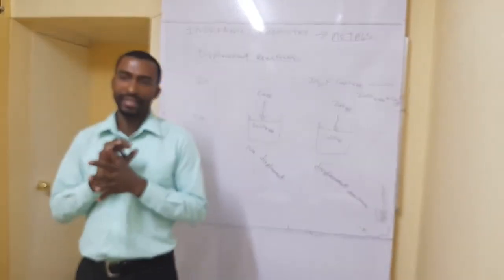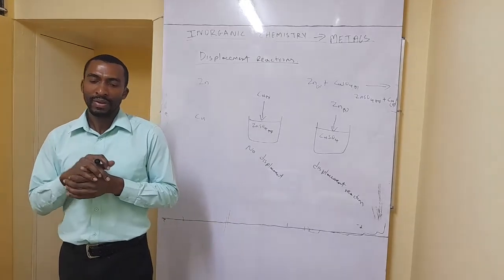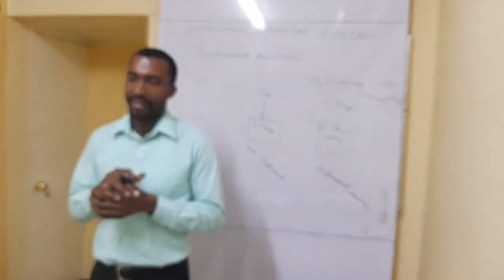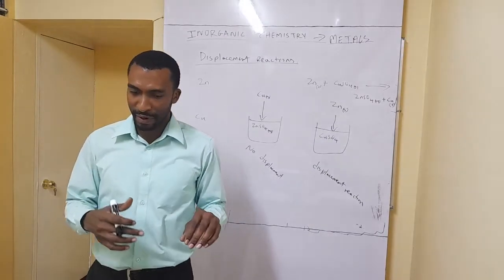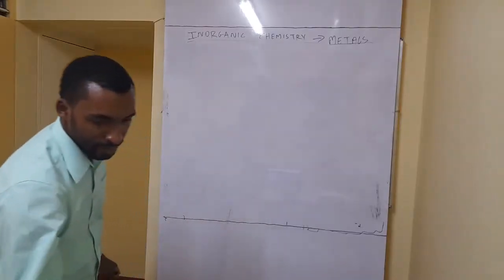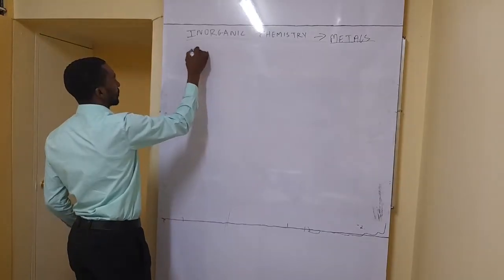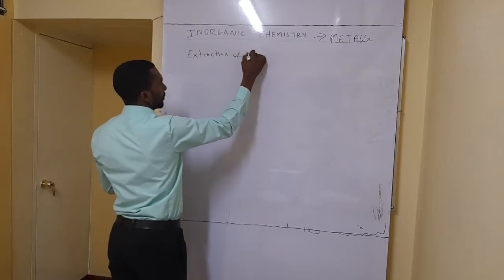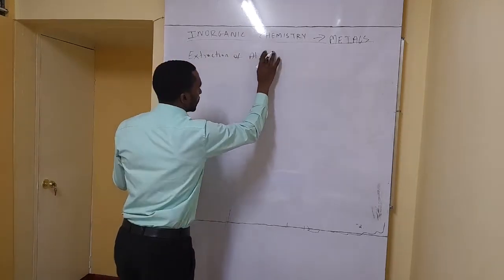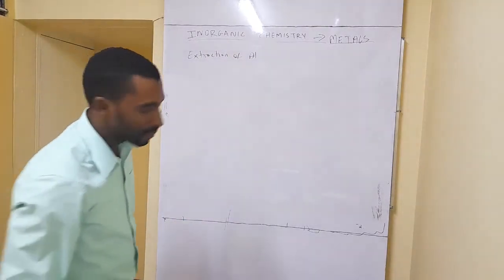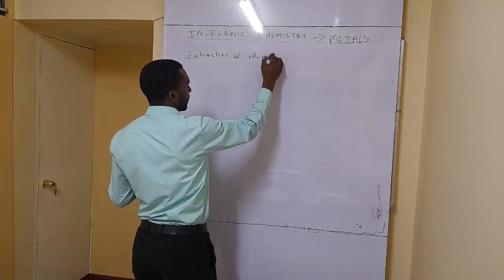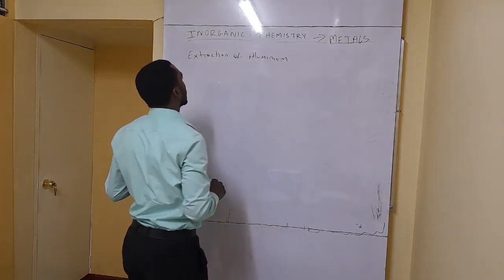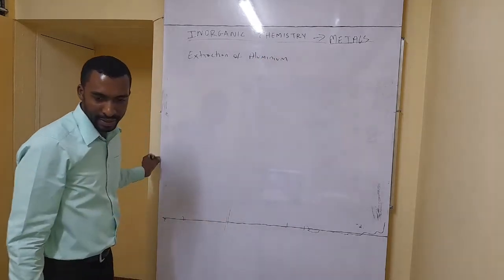The process of extracting these metals from their ores is determined by the reactivity series. The more reactive the metals are, the more energy would be required to put them in their pure form, and this is electrolysis.